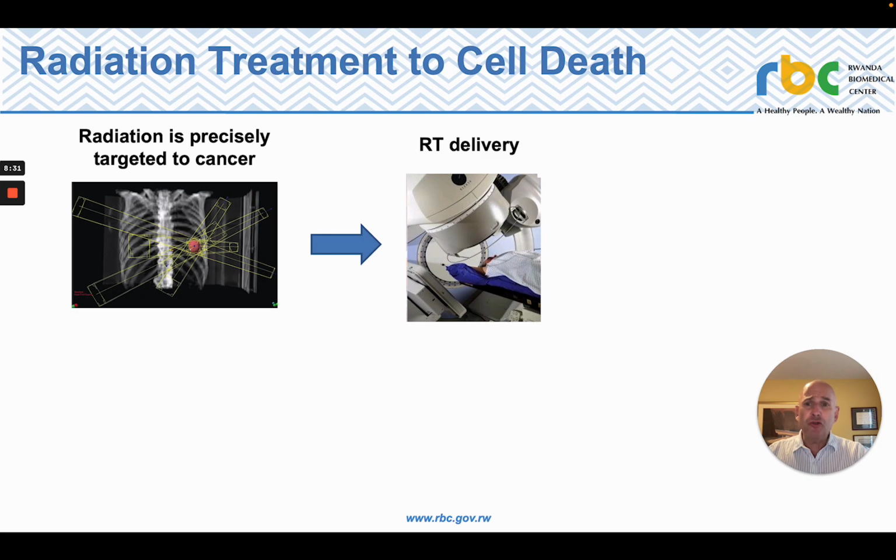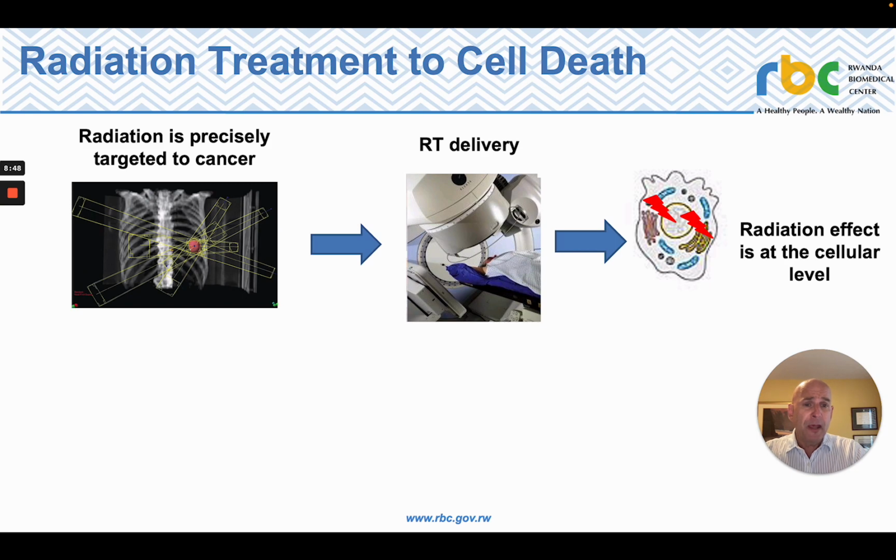So when we treat someone with radiation, we first need to target or plan the therapy, and you can see that on the left. Then we deliver the radiation, in this case with an external beam treatment machine or a linear accelerator.